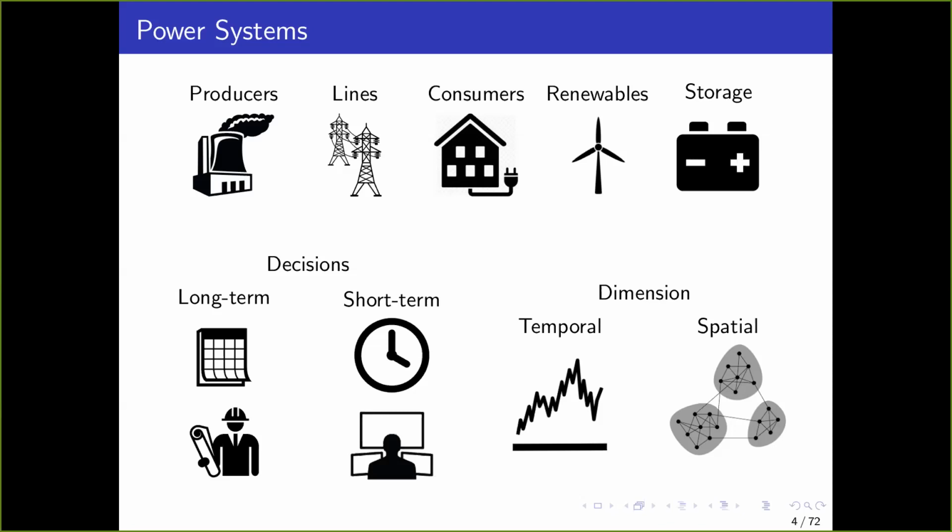So there is a very complex temporal dimension. You also have to keep in mind that electricity is usually not produced in the same place where it's consumed, so you need some network to take electricity from one place to another. Then the spatial dimension is also important to take into account.